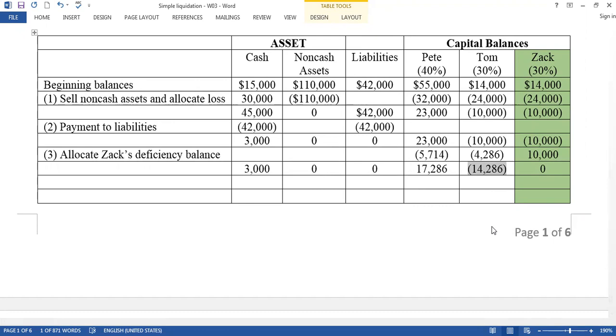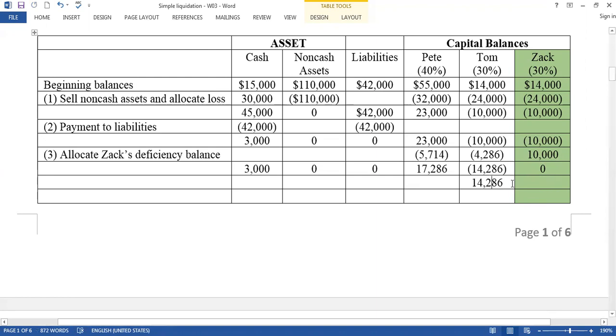So I said, don't worry, I am going to give you personal money. Tom said, as I have capital deficiency, it is my responsibility to give you money, so I have enough cash, I am going to give you this money.